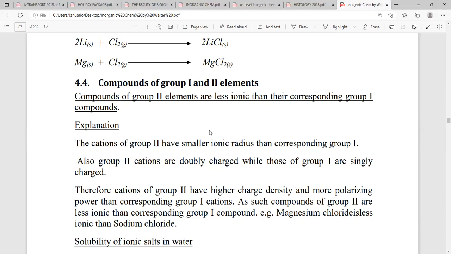As a result, group 2 compounds are less ionic than corresponding group 1 compounds. E.g., magnesium chloride is less ionic than sodium chloride because the cations of group 2 have smaller ionic radius than the cations of group 1 elements. Hence, the group 2 elements have higher charge densities and more polarizing power than the group 1 elements.